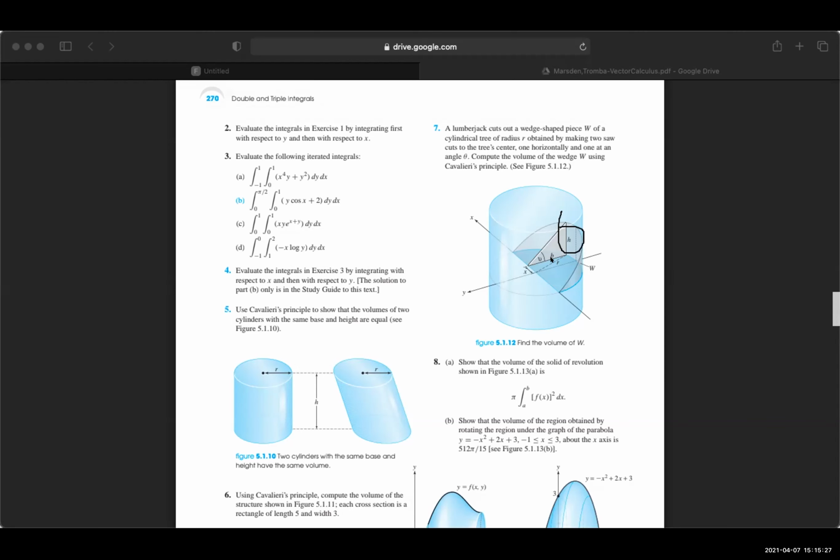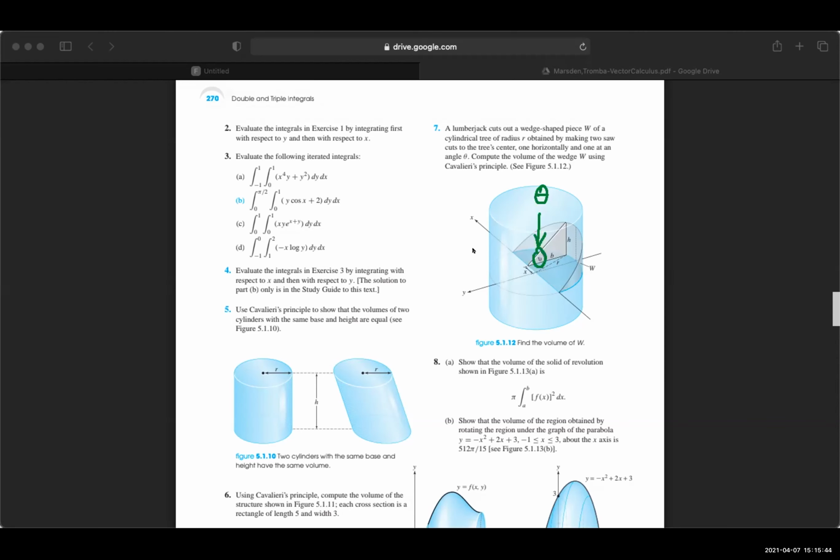Yeah, there's another trick to this problem. By the way, that letter, it's supposed to be a theta. There's a typo in the book. Yeah, I figured that was just the letter for the angle right there. Yeah.